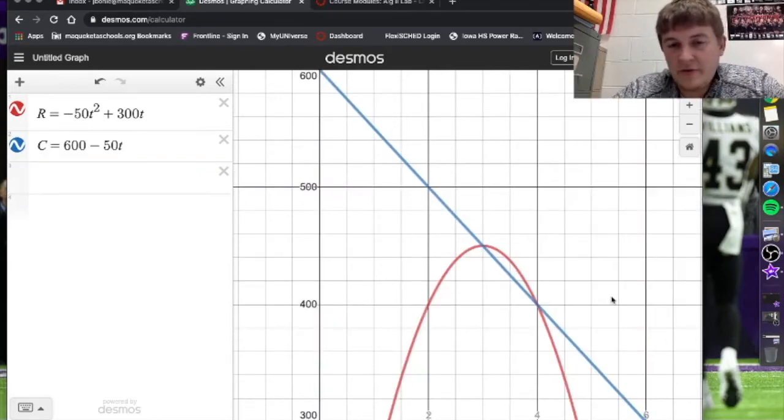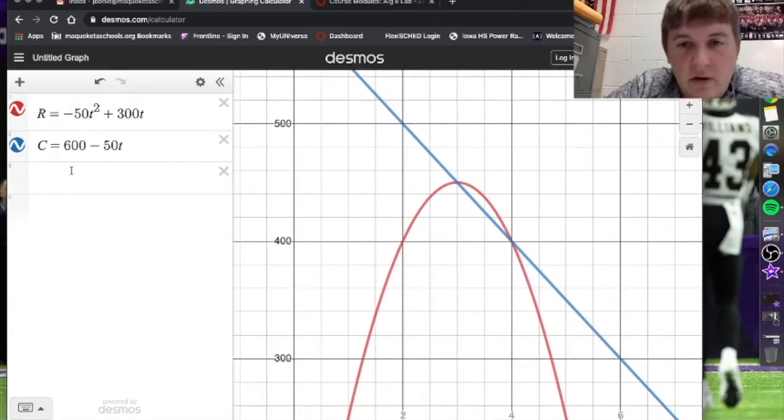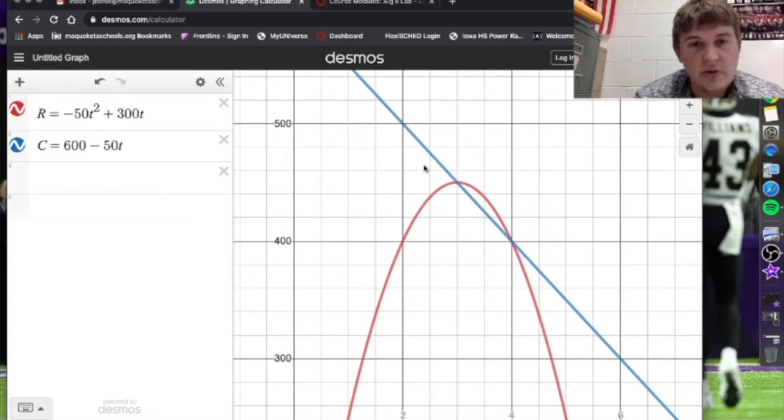All I did, folks, is use some visual cues that they had given me, and some information I know about the graph, specifically the linear graph here. I want to know what ticket price will allow them to break even. I'm not making a profit, I'm just going to break even: no money made, no money lost.